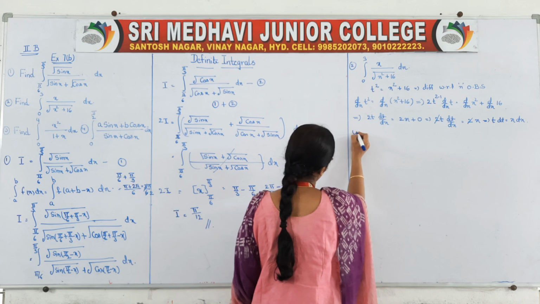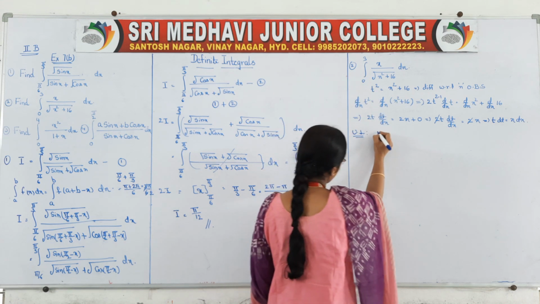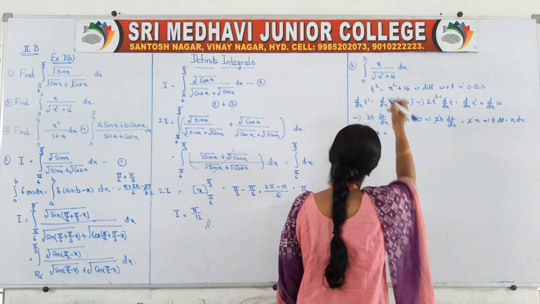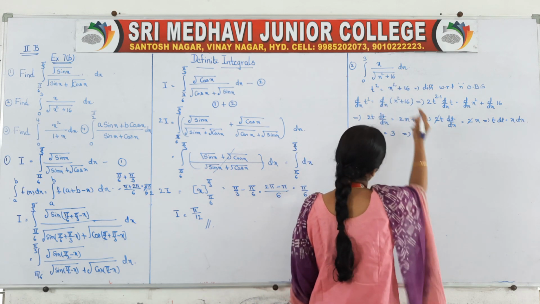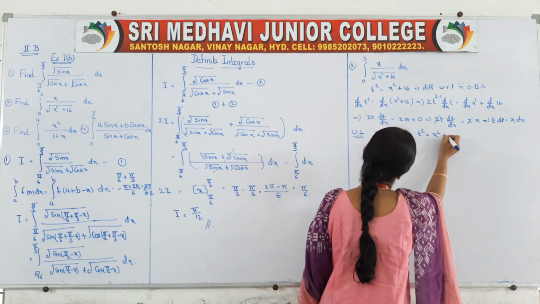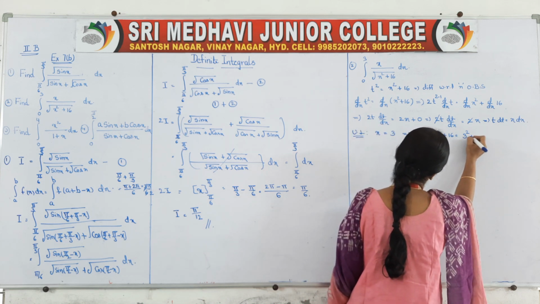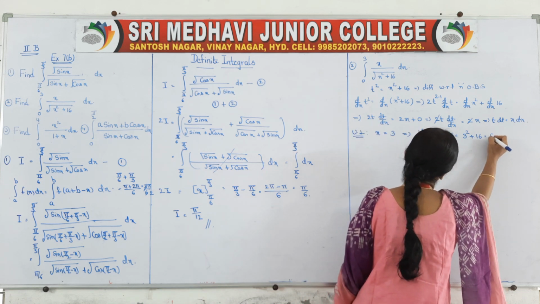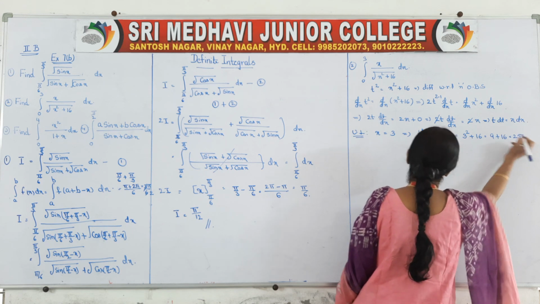Okay, so come on, upper limit. Limits are given with respect to x. x is equal to 3 is the upper limit. Now substitute in this equation. t square is equal to x square plus 16, that is 3 square plus 16 is equal to 9 plus 16, that is 25.